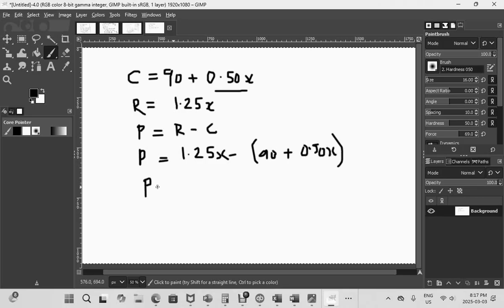Your P equals 1.25x minus 90, minus 0.50x.